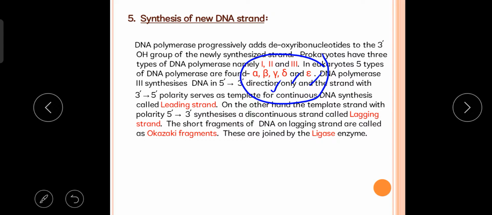Remember, in prokaryotes there are only 3, but in eukaryotes there are 5 DNA polymerases.